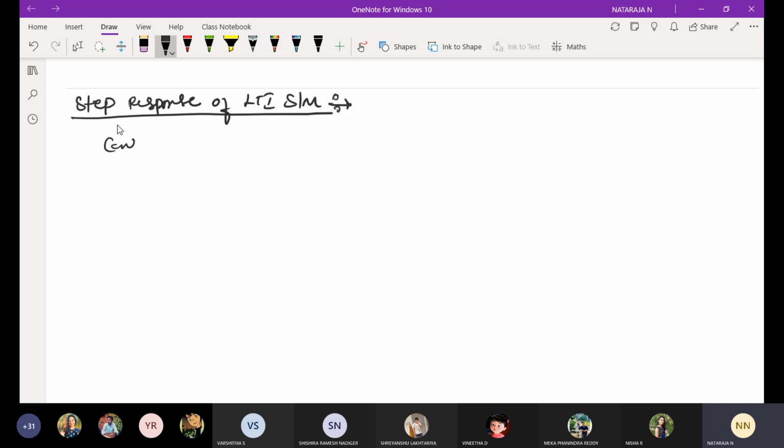First, make a note, consider an LTI system, that is y of n is equal to x of n convolved with h of n.